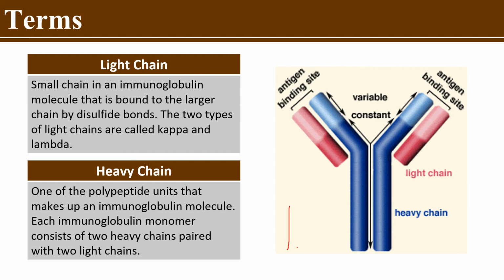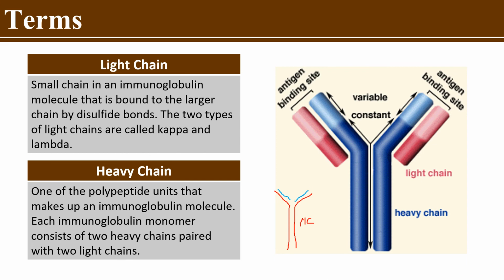So it would usually appear with two heavy chains. So this is the heavy chain. Now, your light chain, class, would appear here. Let's use a better color. This one. This is your light chain.